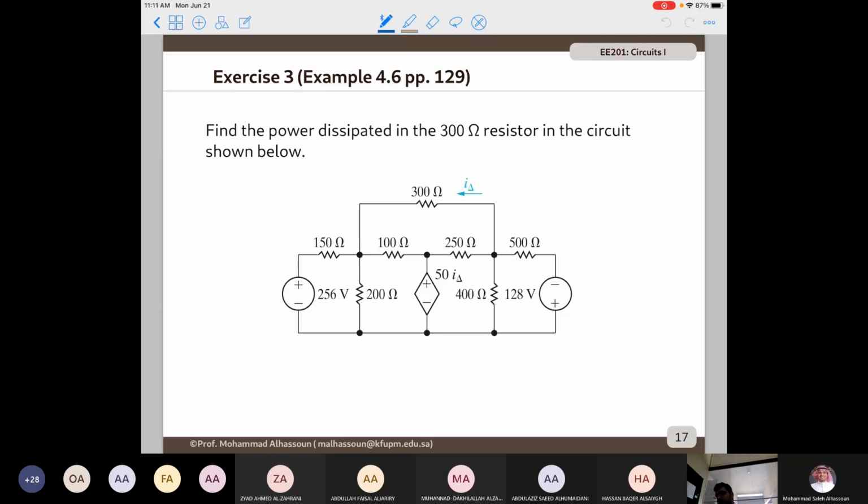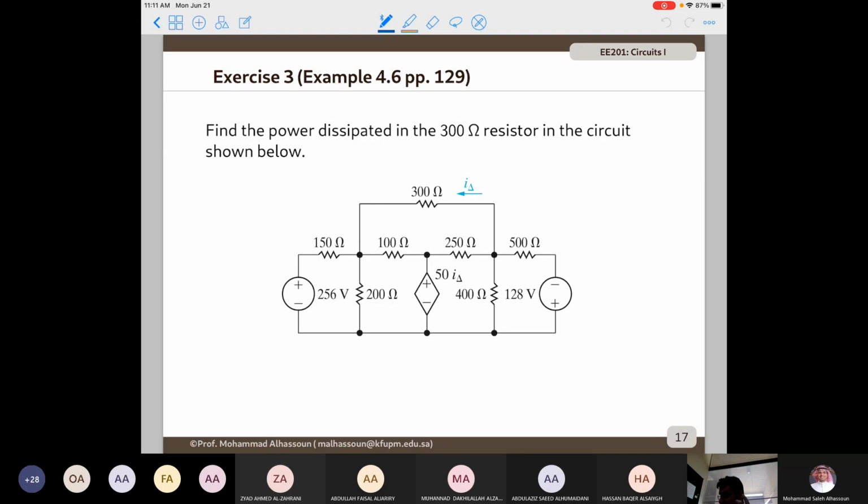Okay, so let's illustrate what I was saying with the following circuit. We are asked to find the power dissipated in the 300 ohm resistor in the circuit shown below. We see that in one method this circuit is easily solved, while in another method it is kind of complicated.